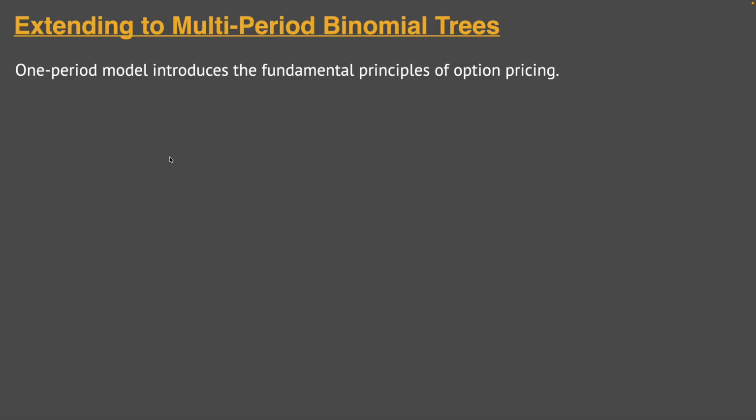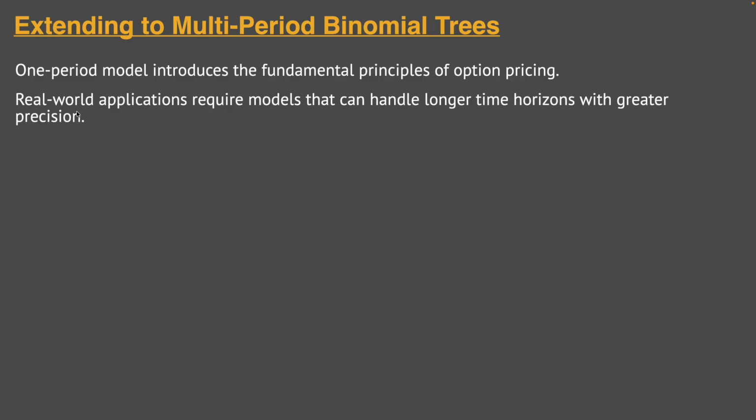Now let us understand the multi-period binomial tree model. So the one period model introduces the fundamental principle of option pricing. Okay. Now, however, in the real world, it will not be a one-step binomial tree. It will be a many-step binomial tree, with options taken for longer time horizons.